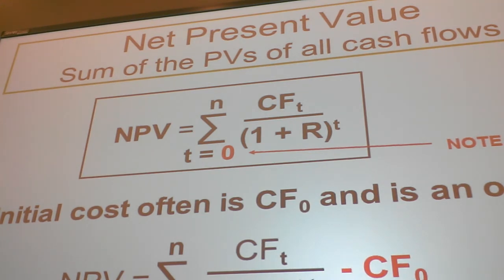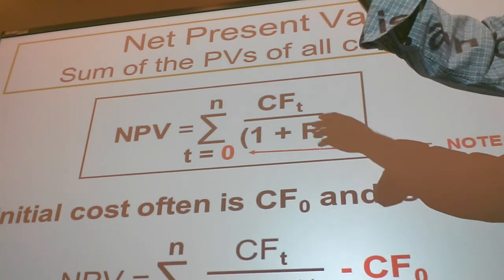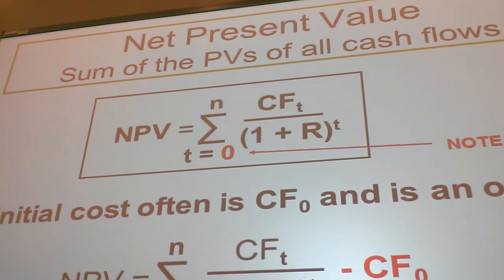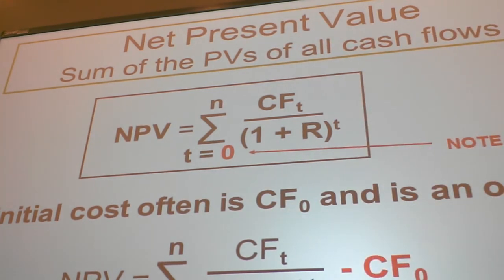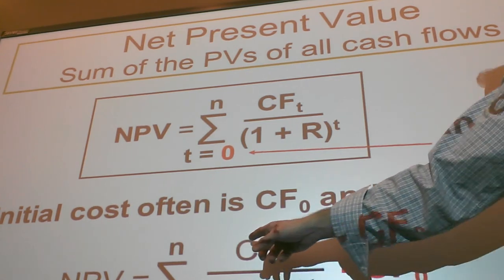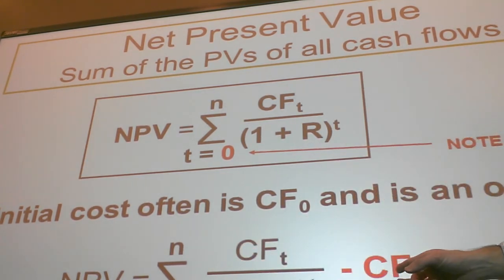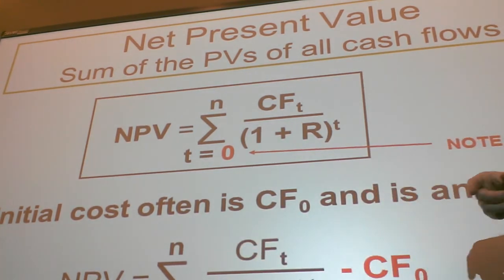So that's an outflow. And then you're hoping that in year 1, year 2, and year 3, so on, you're going to make money back, right? So you have that outflow, and then CF1 should be an inflow, and CF2 should be an inflow, and so on and so forth. What this is saying is, this is the type of thing we're used to seeing, but we're also going to have to remember to subtract that initial outflow. That happens right at the outset.